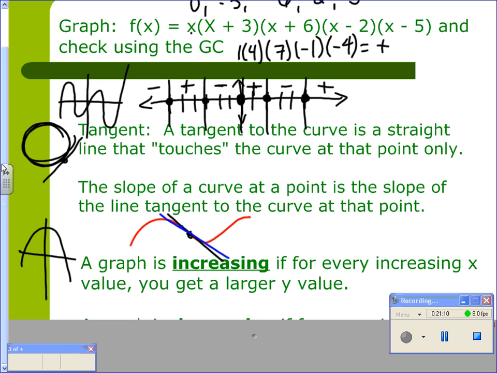I'm starting over here. What's happening to my x values as I move this way? They're getting larger, right? They're going from negative numbers, getting closer to 0. What is happening to my y values? They're increasing. So right here, is it increasing or decreasing? It's an increasing function. Does that make sense? Okay.